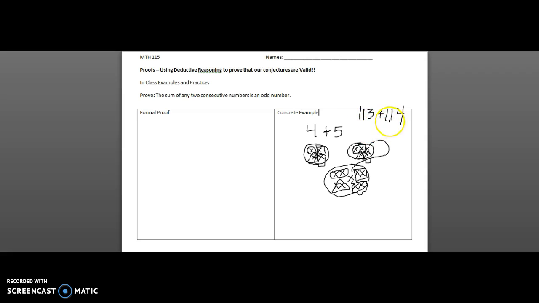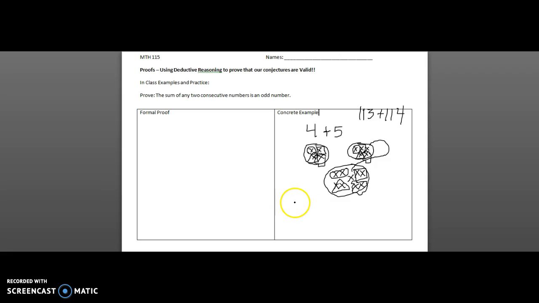I would go about making pairs 113 times. When I run out of x's in the first circle, I will have 1 left in the second circle. It will come down to my sum and it will make it odd. So when you do a concrete example, you need to follow up with that type of sentence.